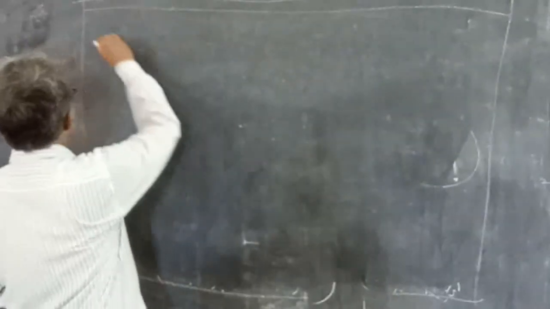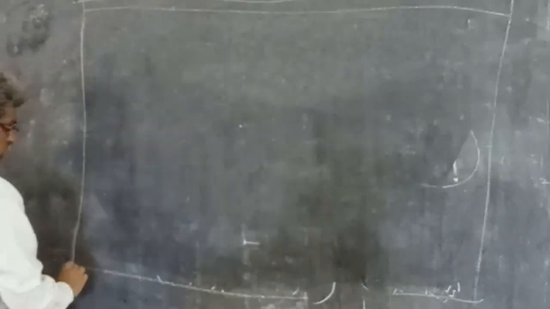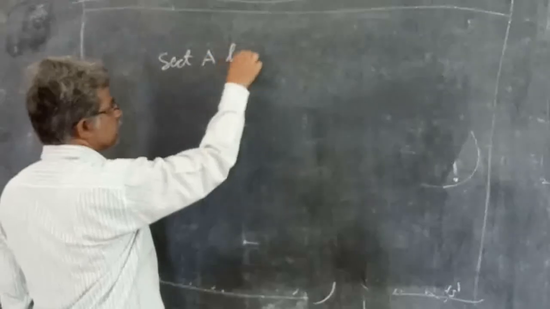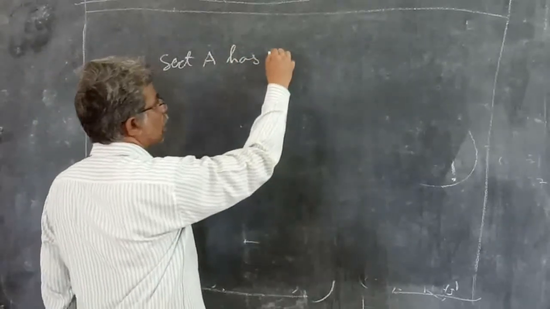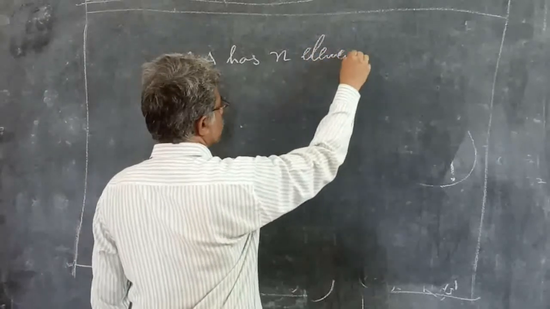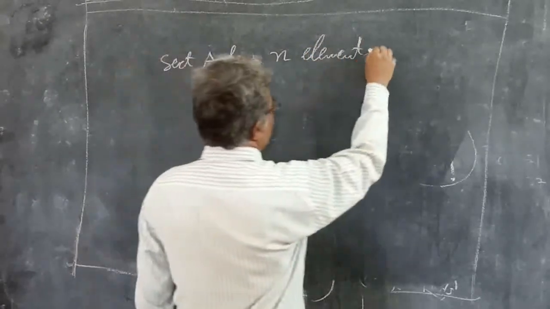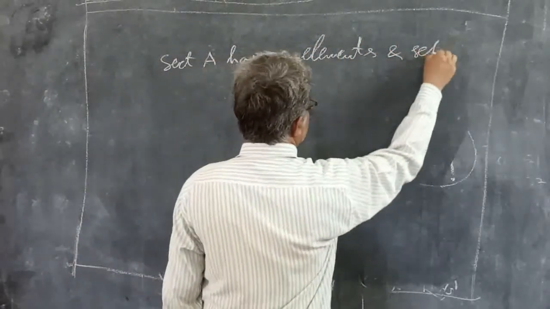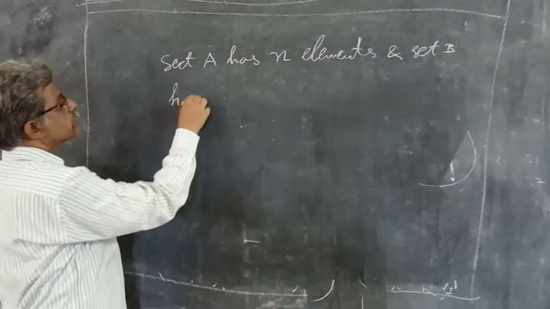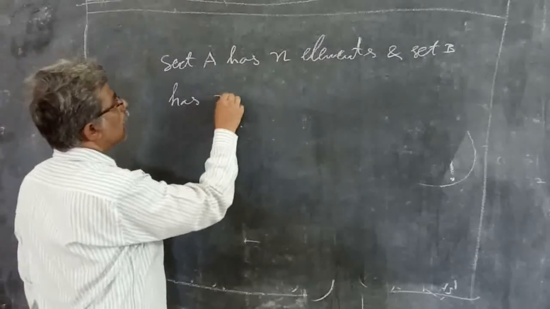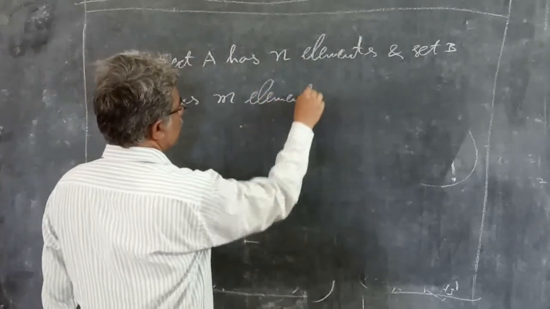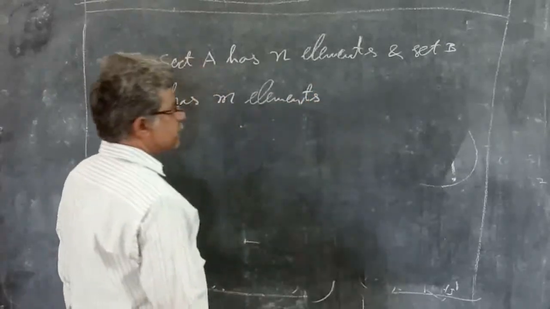Now, set A has n elements and the set B has m elements.